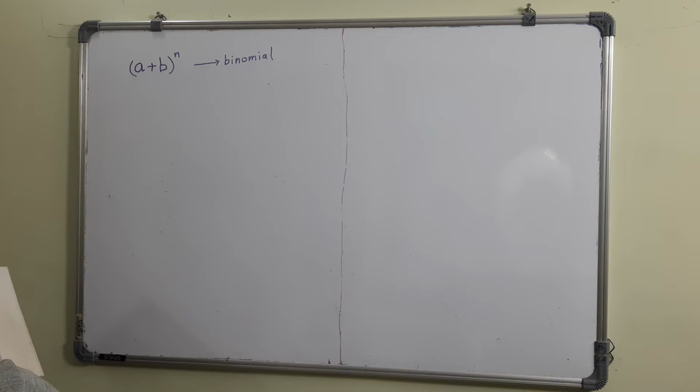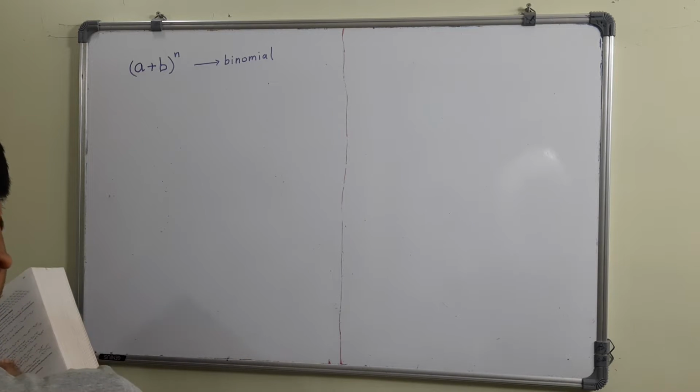By direct multiplication, it is easy to expand (a + b)^2, (a + b)^3, etc.